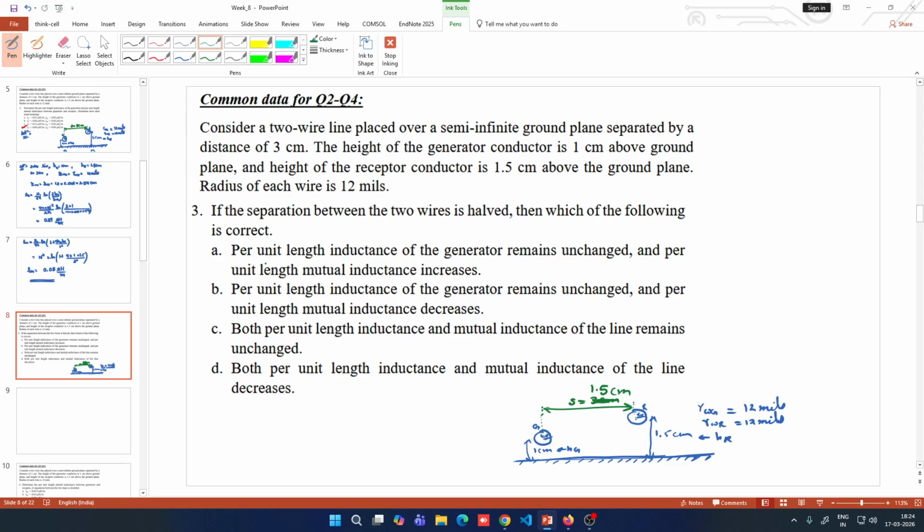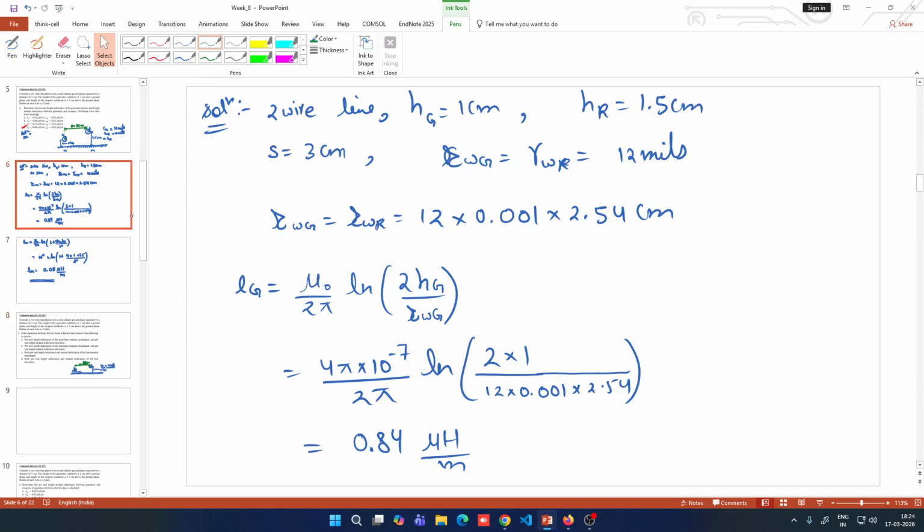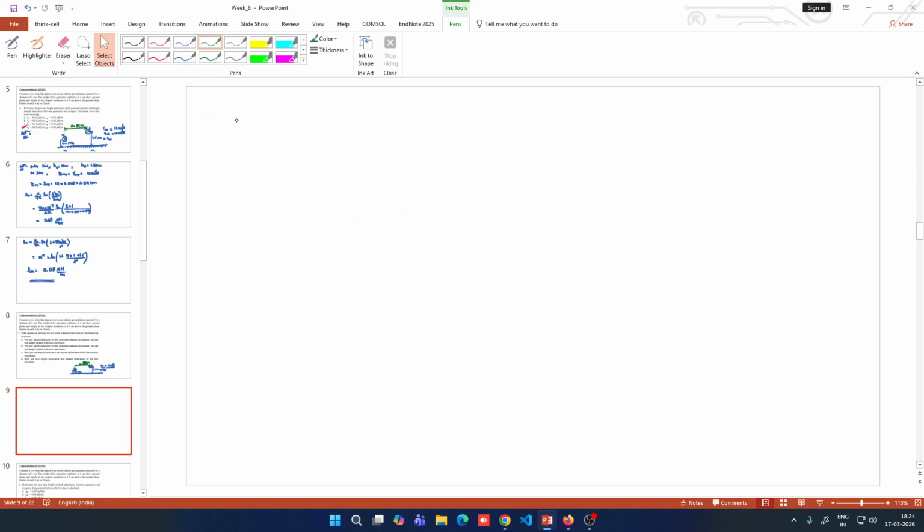One thing we can clearly see: if we reduce the separation distance, why would the per unit length inductance of the generator change? It should remain unchanged, right? Because if you see the formula, I will rewrite it here. Lg is given by mu naught by 2 pi ln of 2hg by rwg.